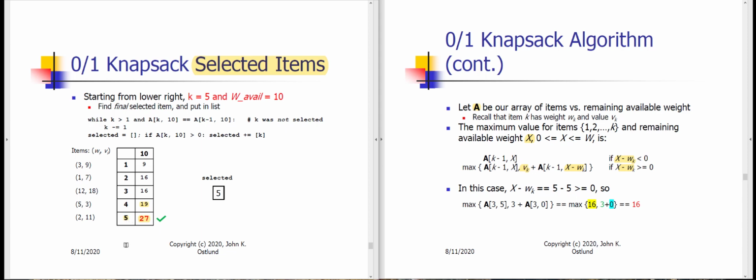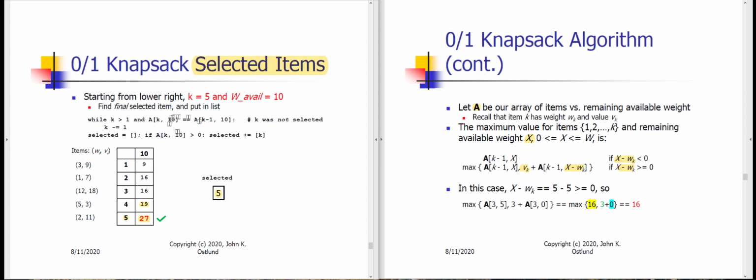If we weren't able to use item 5, then the maximum value that we could achieve by using item 5 would have to be equal to the maximum value that we could achieve by using items 1 through 4. Okay, so because this value 27 is greater than the value in the previous row, that implies that we are using item 5.